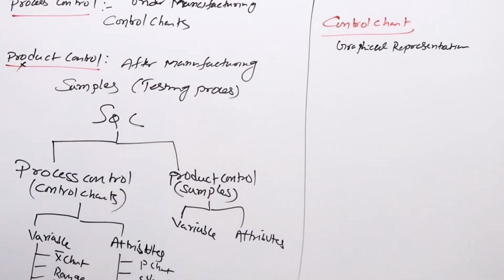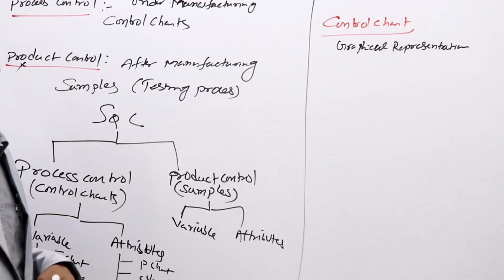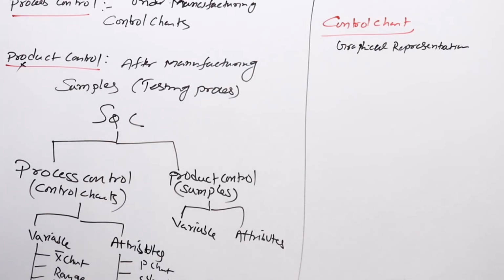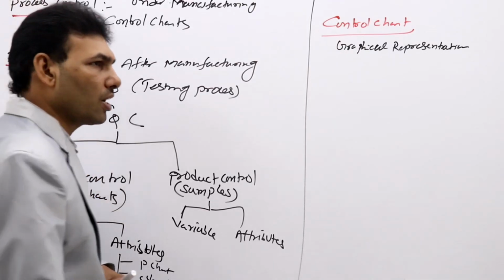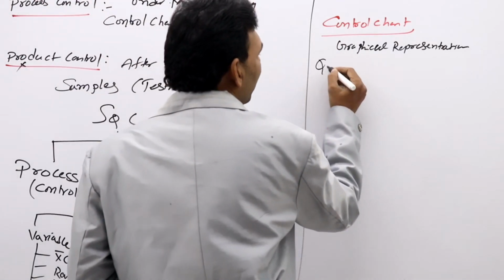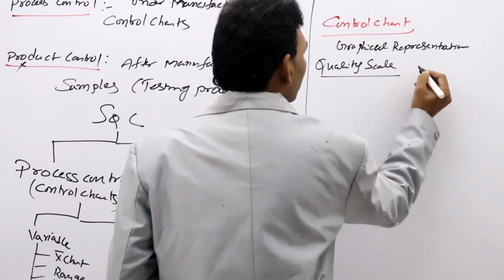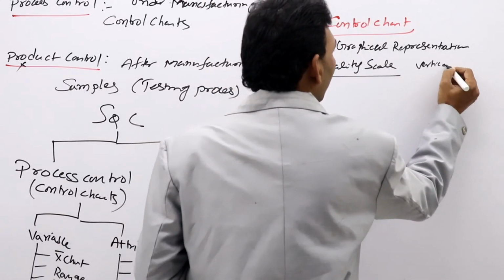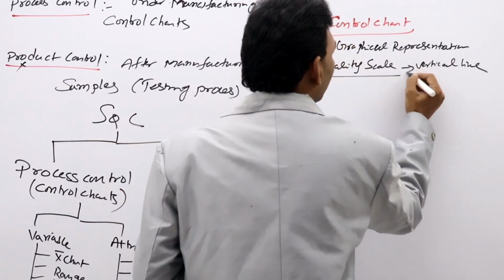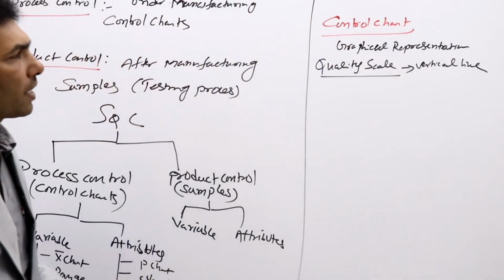In this graphical representation, the major parts of a control chart are the quality scale. You will see a quality scale, which is a vertical line. This quality is mentioned through a vertical line.